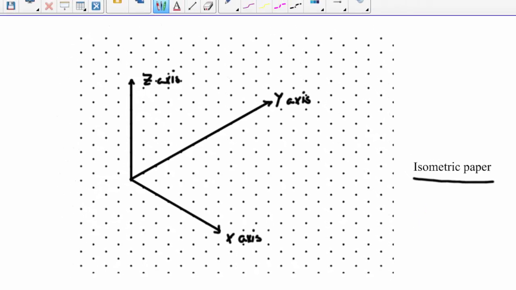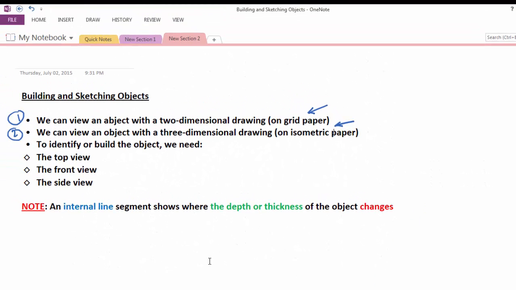So if we go back to continue, the third point, which is very important, we are saying what? To identify or build the object, we need a top view, a front view, and a side view. What is the difference between the 3 views? We will see it with a nice example right away.